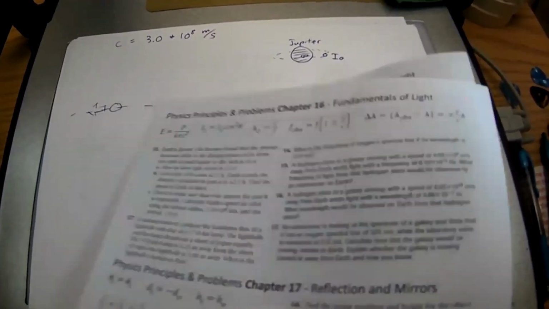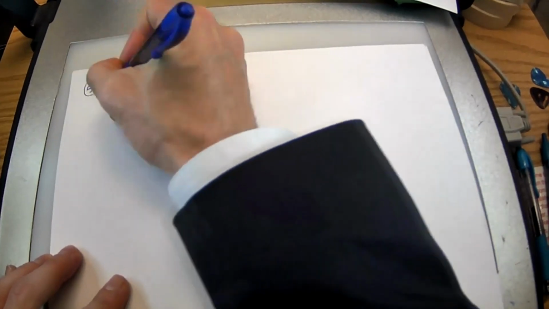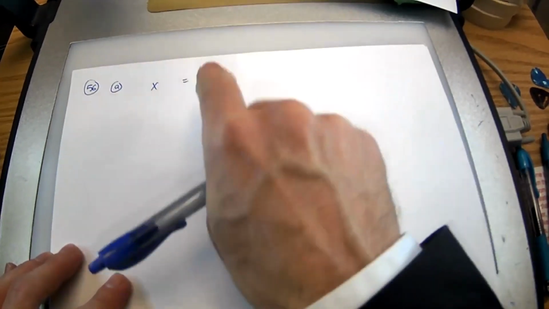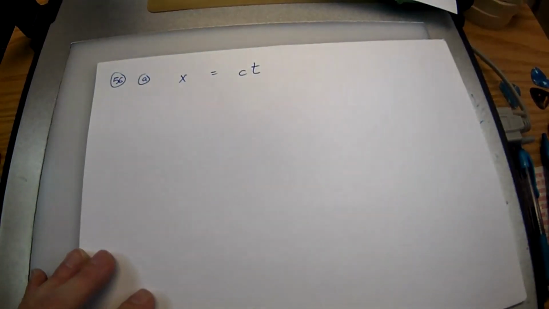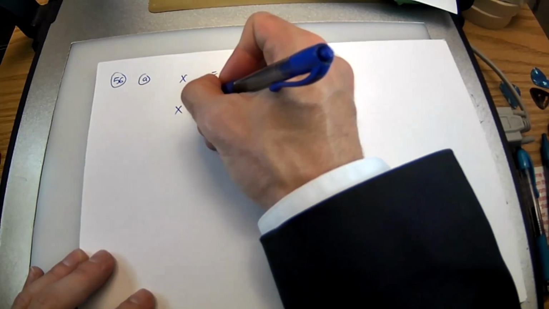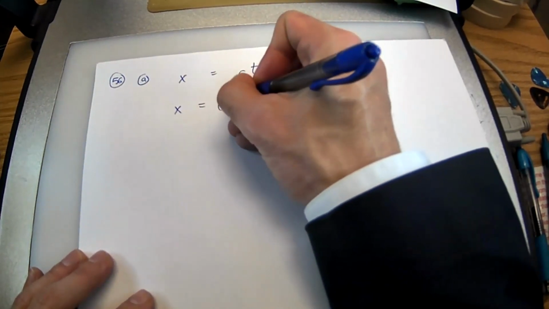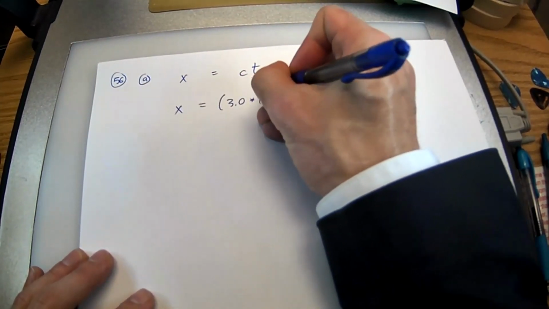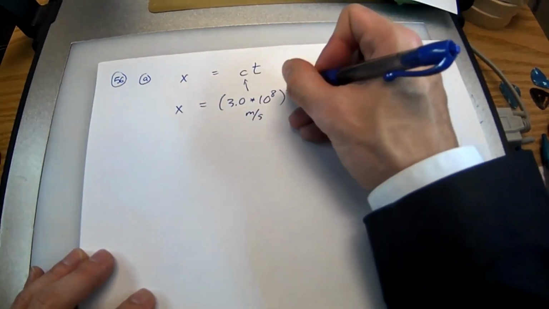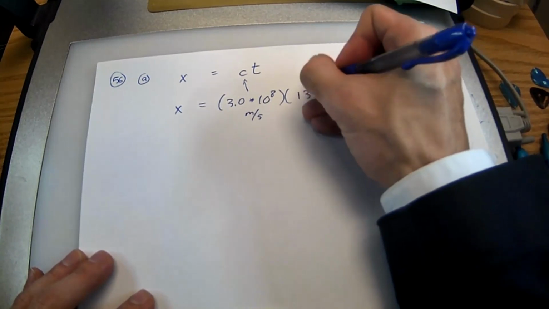But let's do it. Problem 56, part A: distance equals speed times time. Notice I put a special speed, the speed of light, that's what c is. So distance is what we're solving for. The speed of light is 3.0 times 10 to the 8 meters per second. We know that because we're in the future. And time was 13 seconds.